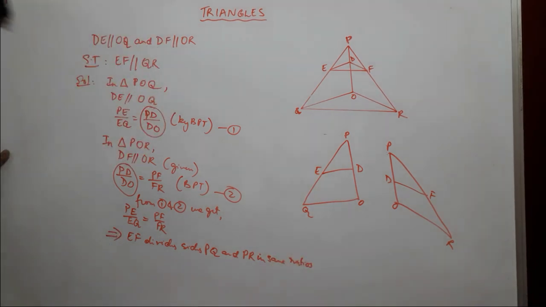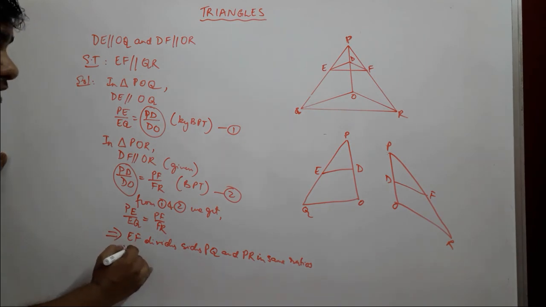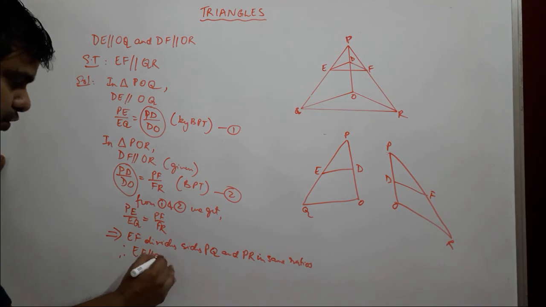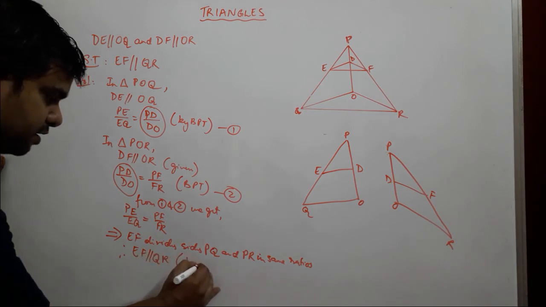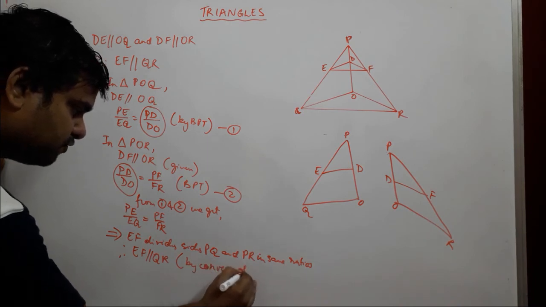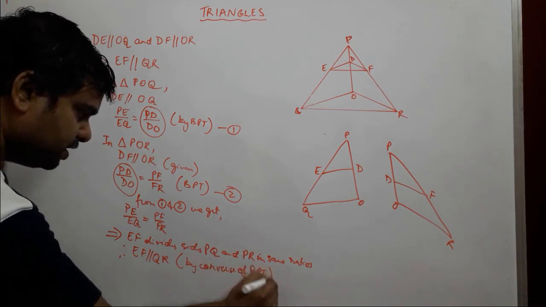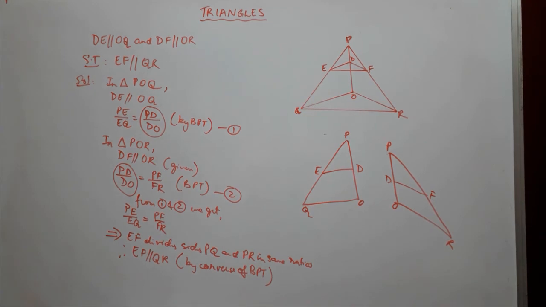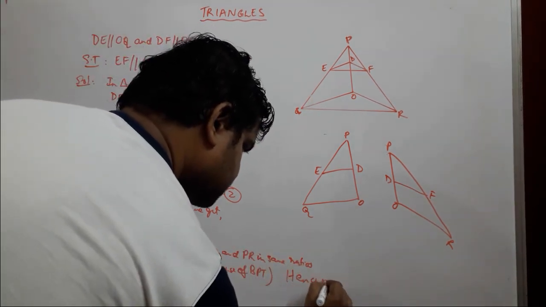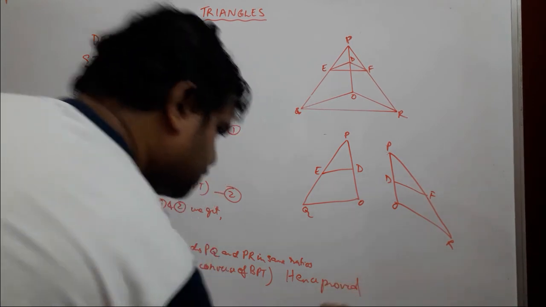Okay, so therefore we can say EF is parallel to QR by converse of BPT. Correct? You can say hence proved.